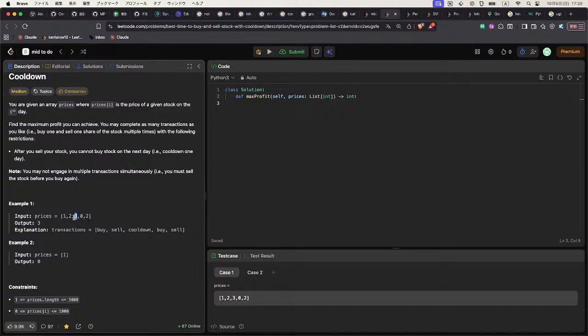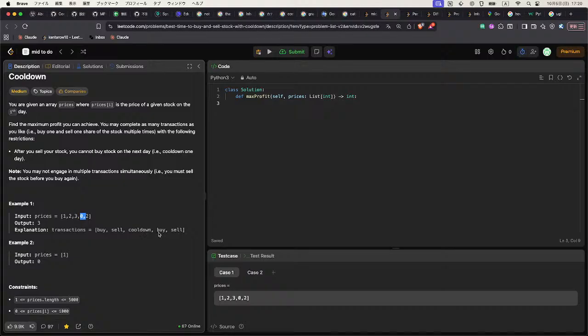So normally, we want to sell the stock on the third day, but if we do it, we have to take cool down after the day, so we cannot buy the stock at the price zero.